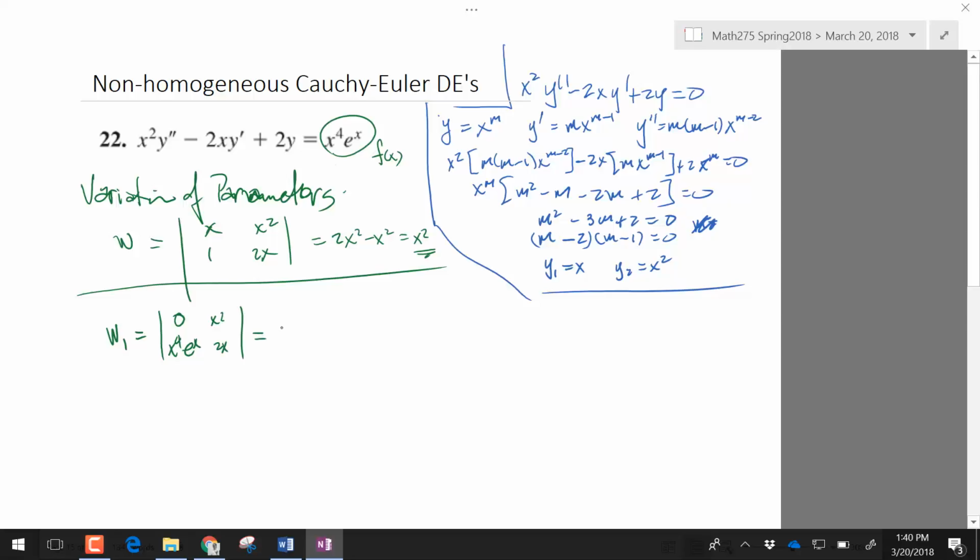This is going to be negative x to the sixth e to the x. Is that right? And then our W2 is going to be x and 1 and 0 and x to the fourth e to the x. So that's x to the fifth e to the x.